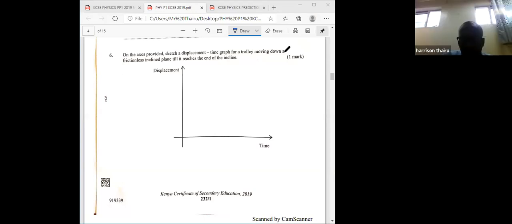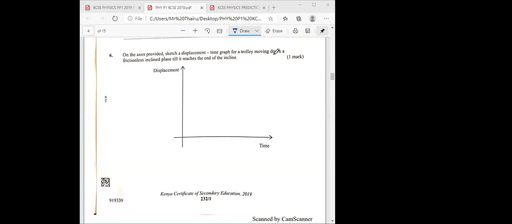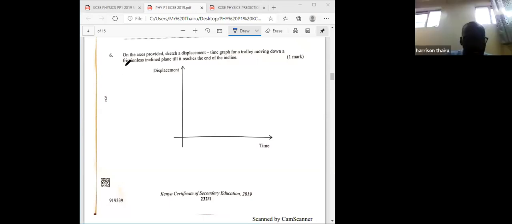Therefore, if it is moving downwards because of gravitational acceleration, then we expect it to be accelerating as it is moving downwards. But here we have a frictionless inclined plane, so it is moving without experiencing any friction. So there is continuous acceleration. Therefore, the displacement time graph is going to move like that to show that there is an acceleration.